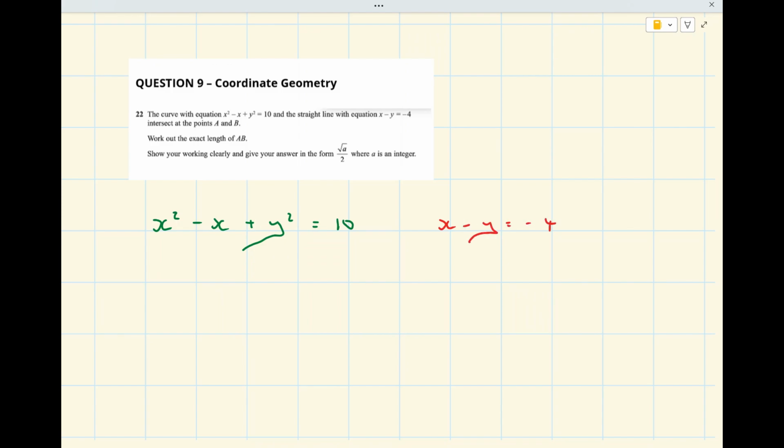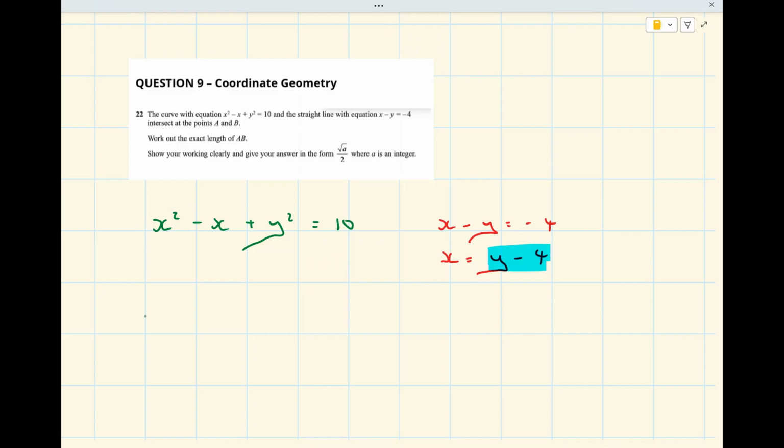Now, I'm used to solving these quadratic simultaneous equations, but often they're hidden in a coordinate geometry question. But I'm going to follow my nose and solve them in the normal way. Let's rearrange this to make x the subject, adding y to both sides. And now let's substitute y minus 4 into the green equation in the place of x.